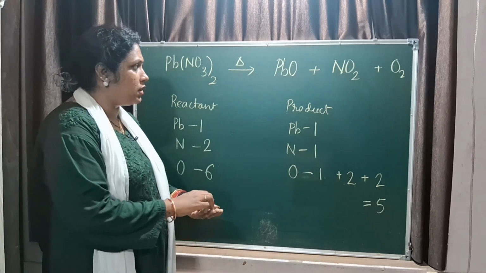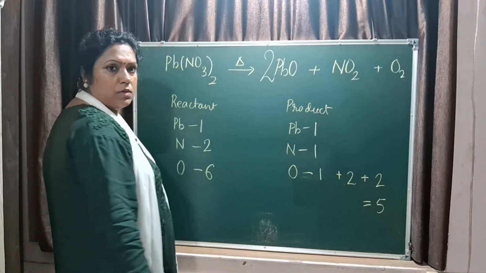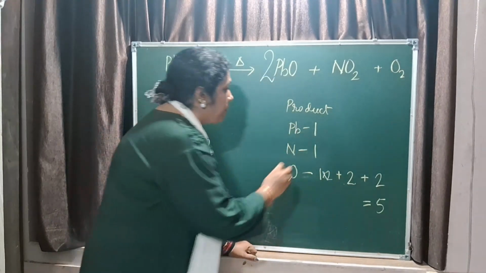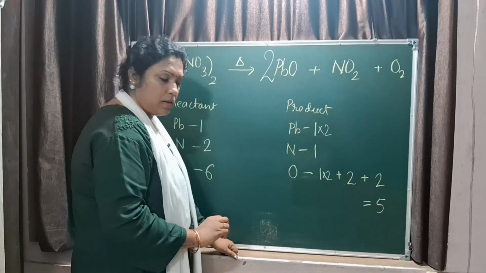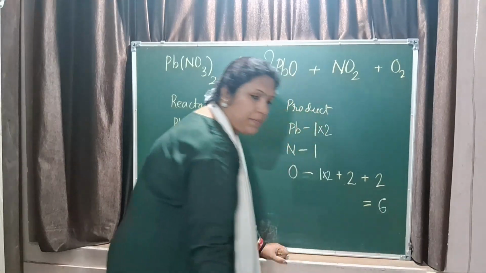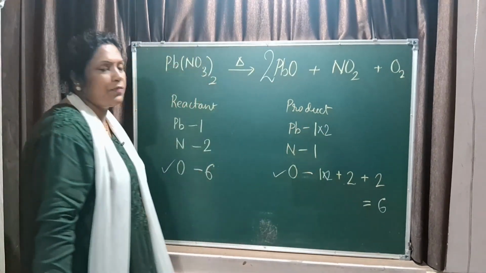So let me use another chalk piece. Now I will make the molecules 2. So what happened? This oxygen has become 2, but my lead also became 2. Correct? So now my oxygen is 6. So my oxygen concept is balanced.